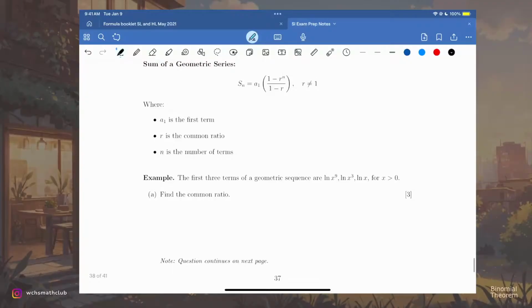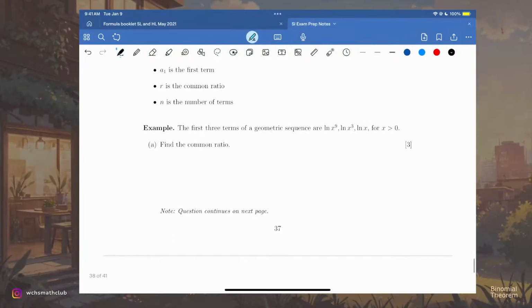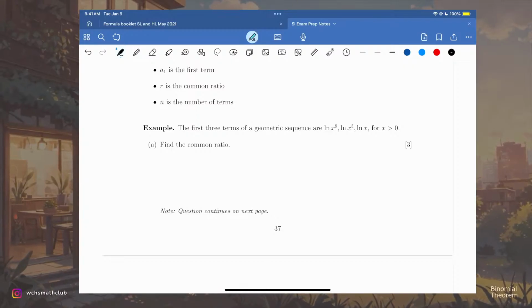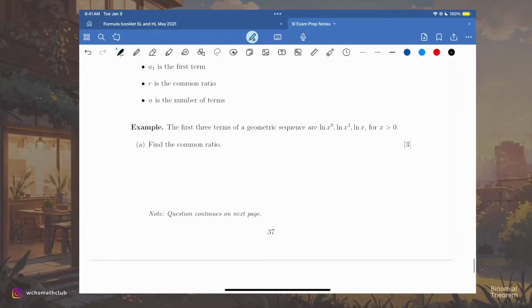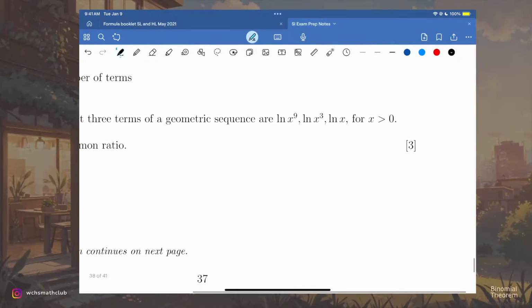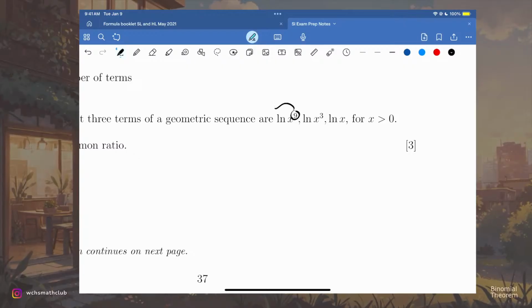Alright, let's move on to another example for geometric sequences. This question tells us that the first 3 terms of a geometric sequence are ln x to the power of 9, ln x to the power of 3, and ln x, where x is greater than 0. Since we know the logarithmic laws, we can move the exponent to the front for the first 2 terms.